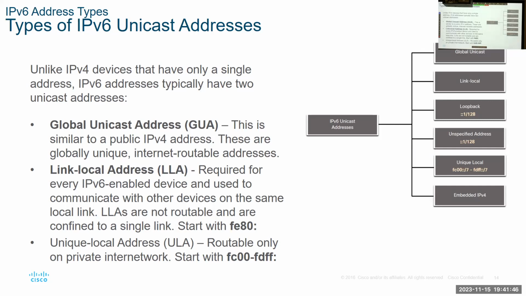But they're not going to be like private addresses in IPv4 where you use NAT to allow those addresses to go out onto the internet. I won't say there is no NAT for IPv6, but it's not supposed to be used. You shouldn't use NAT in IPv6.